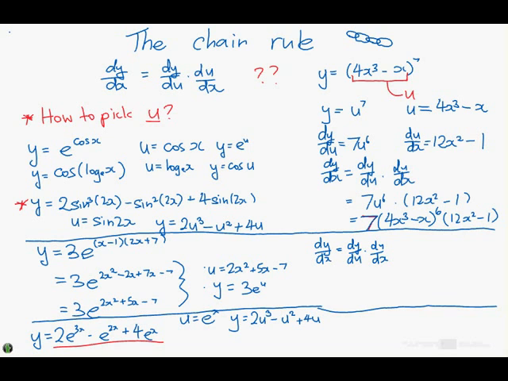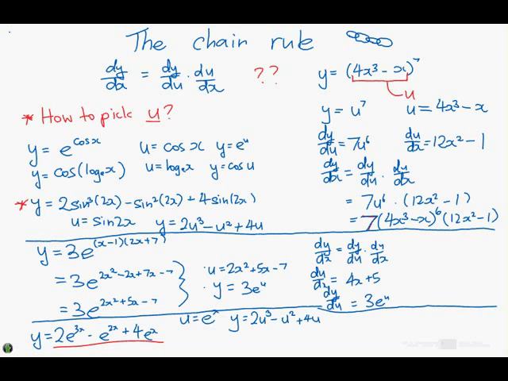I can see I'm going to be short on space. Okay, du/dx is simply, well, 2x squared becomes 4x, 5x becomes 5, 7 is nothing. Easy. dy/du, well, 3e to the u becomes 3e to the u, because e to the u doesn't change, right?